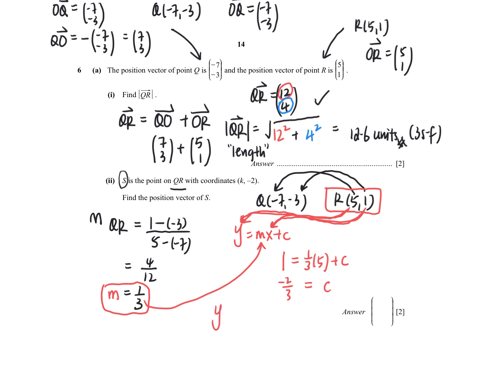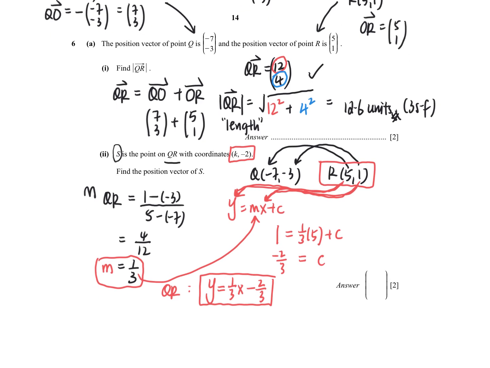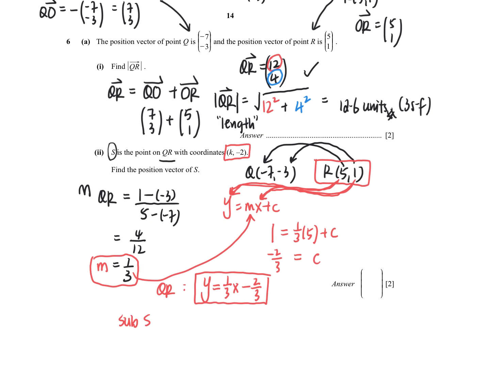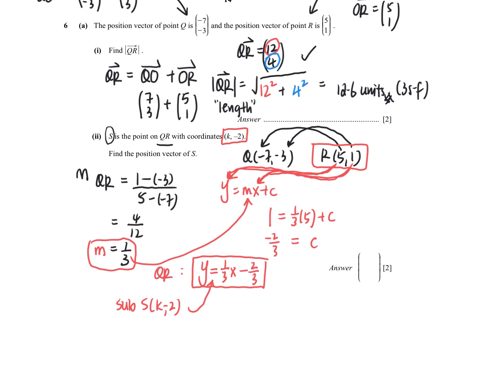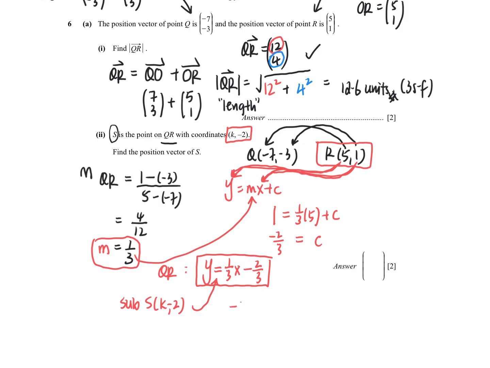So this is the equation of the line QR. Okay, this is the equation of QR. So they say S is the coordinate k, minus 2 and it lies on this line. So I'm going to sub this into the equation. So sub this in. So x is k and y is minus 2. So I sub in.